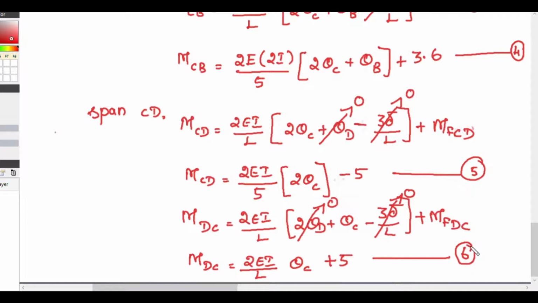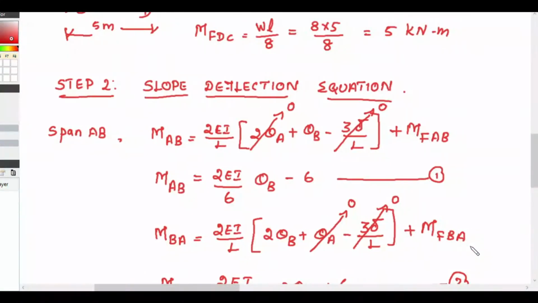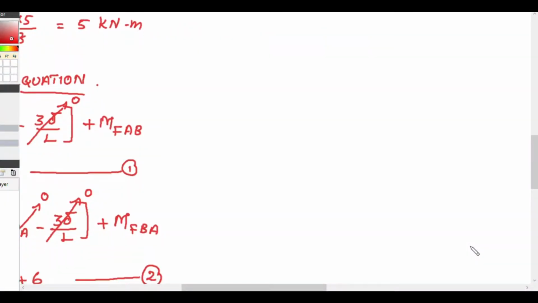So we have to write the equilibrium equations of joints. Only then we will be able to find theta B and theta C. So now our step 3 is writing the equilibrium equations.